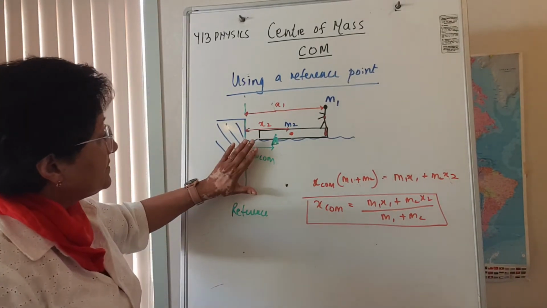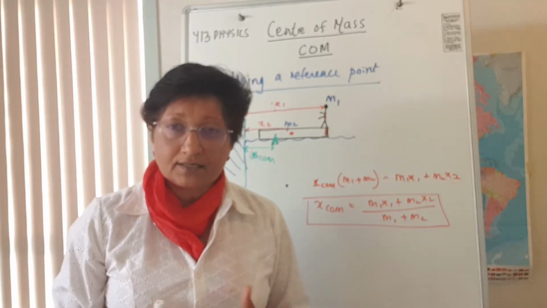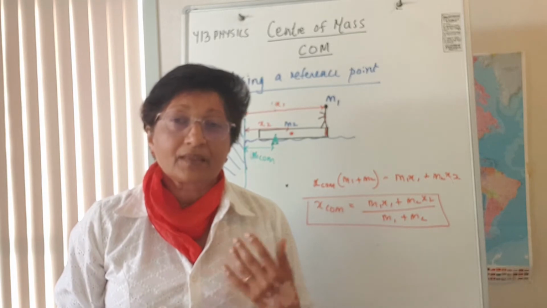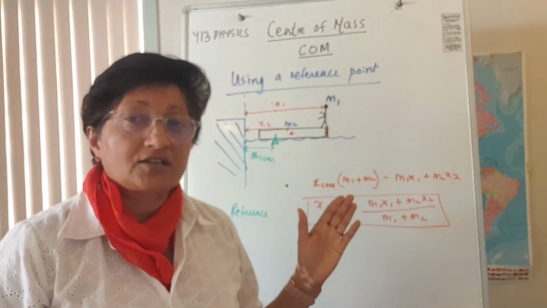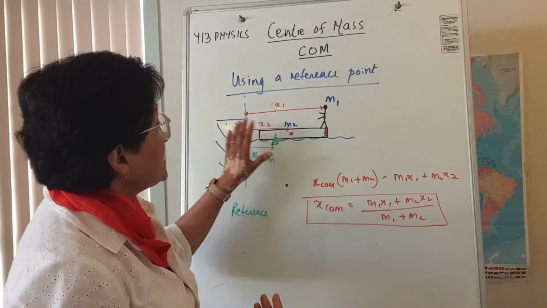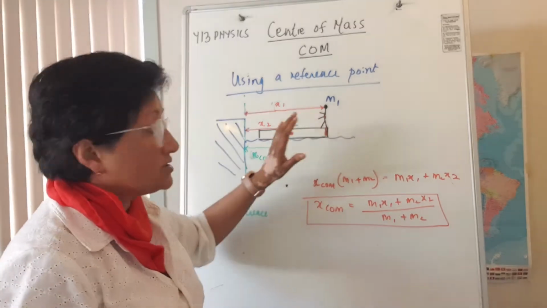And what we have to keep in mind is that when there's no external force, momentum is conserved. So if momentum is conserved, that means the position of the center of mass of the whole system is conserved. The individual masses are not changing.